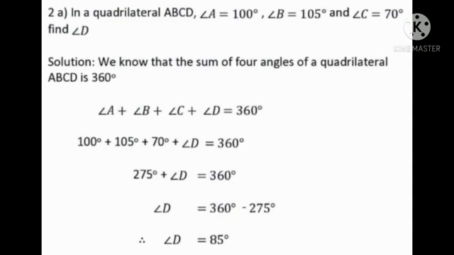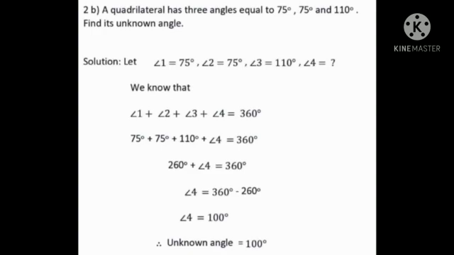Therefore, angle A plus angle B plus angle C plus angle D is equal to 360 degrees. 100 degrees plus 105 degrees plus 70 degrees plus angle D is equal to 360 degrees. If you add up these three, 275 degrees plus angle D is equal to 360 degrees. Angle D is equal to 360 degrees minus 275 degrees. Therefore, angle D is equal to 85 degrees.